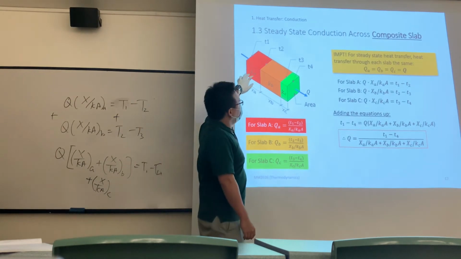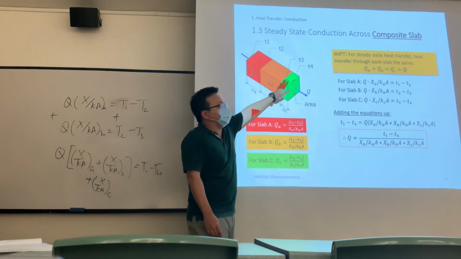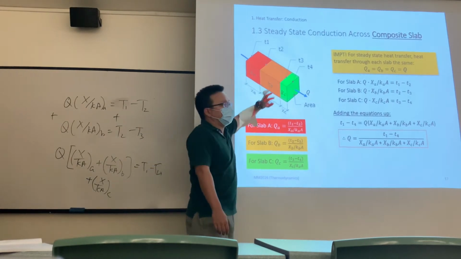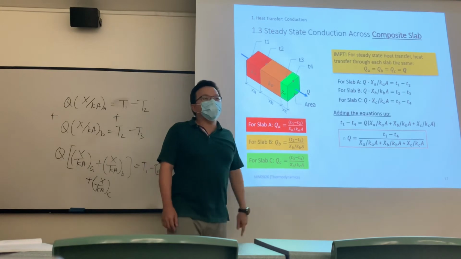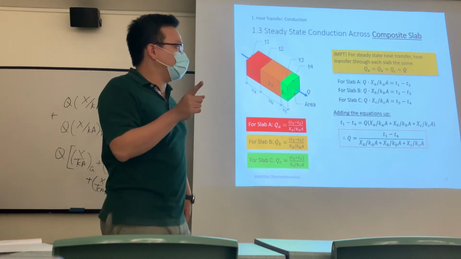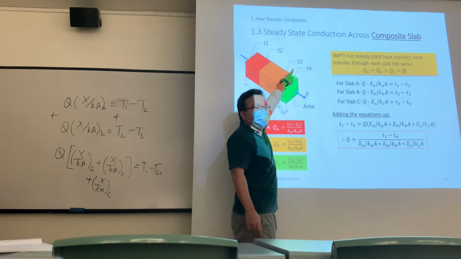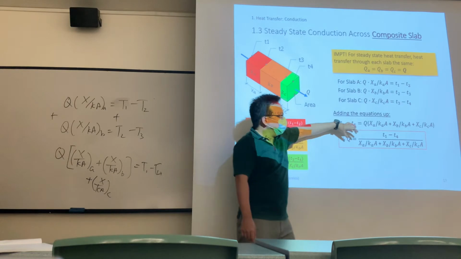So this means if I want to use A and B only, let's say I don't want C, I only want to look at A and B, how will my equation change? T1 minus T3. What term is at the bottom?